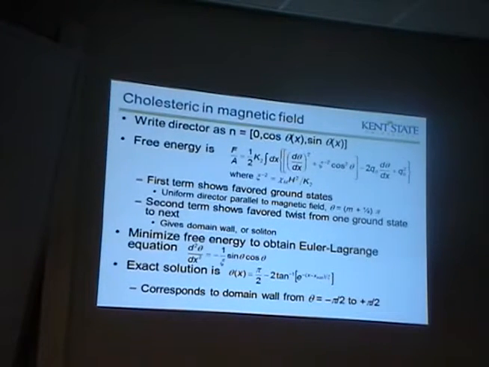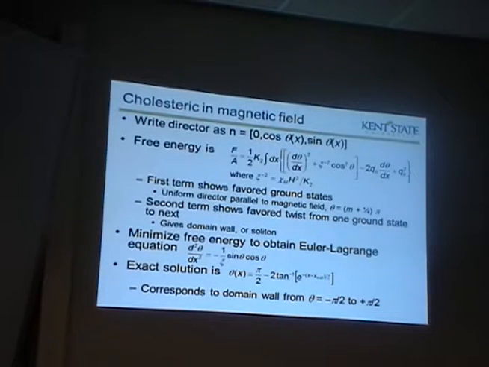If there's a weak field, the director would like to point mostly in the XY plane, but it's a weak preference. In that situation, I would say the three-dimensional theory is acting like the microscopic theory.